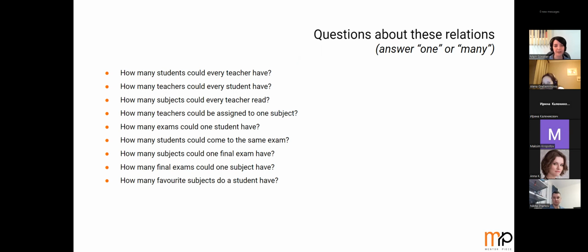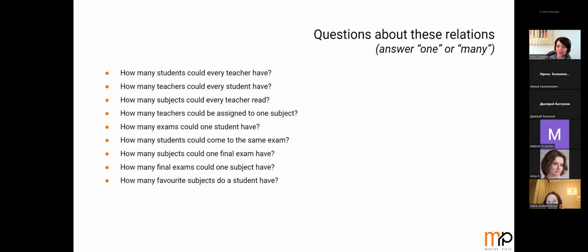Okay, so let's discuss the types of relations, and let's begin with these questions. The first one: how many students could every teacher have? Please answer one or many. Many. Yeah, correct.